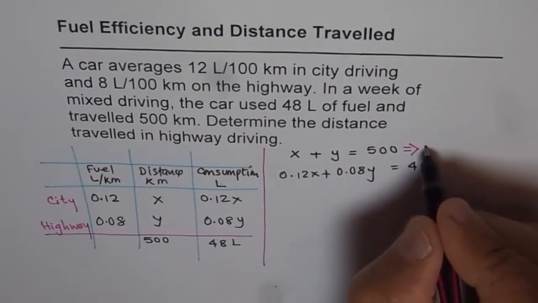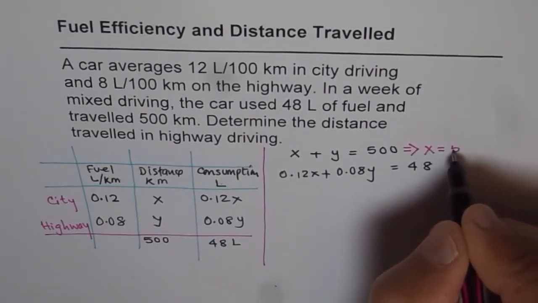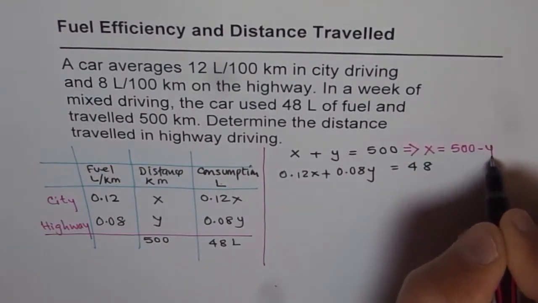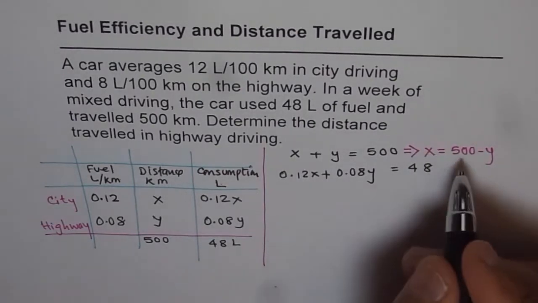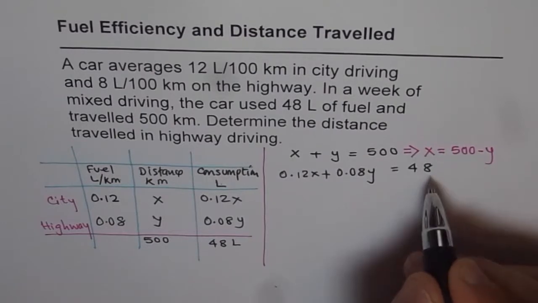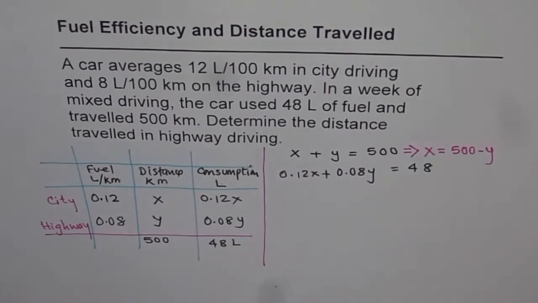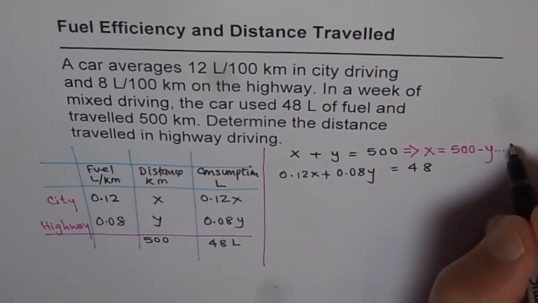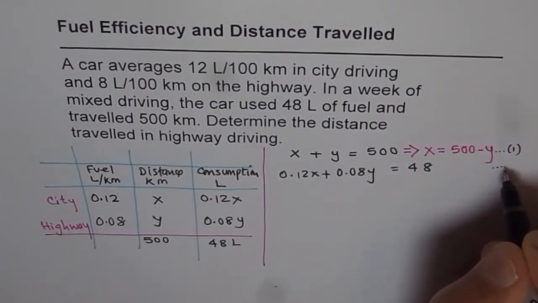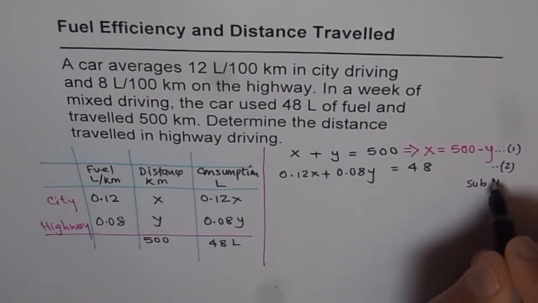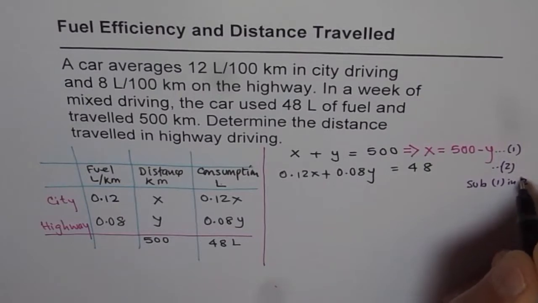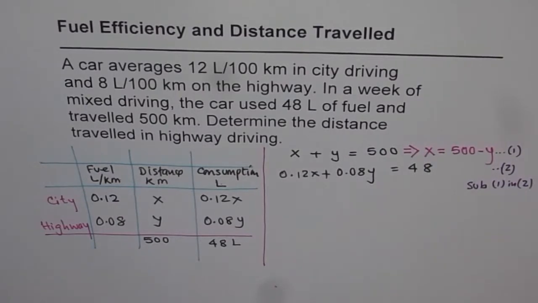Well, x equals 500 minus y. We are going to substitute this in the second equation. Let me number them. This is equation number 1 and this is equation number 2, and now let's substitute 1 in 2.